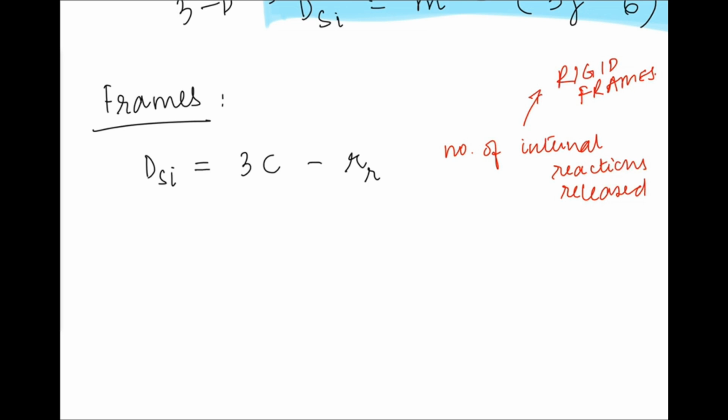And this we are talking about in 2D, so that's why it is 3c. Okay, why does this 3 come in? Because every member will have 3 forces internally. So what are those? You have Fx, Fy, and moment.